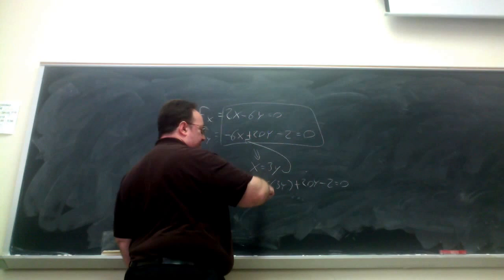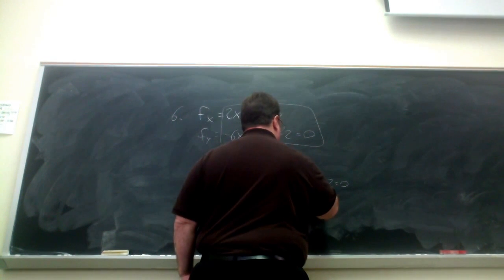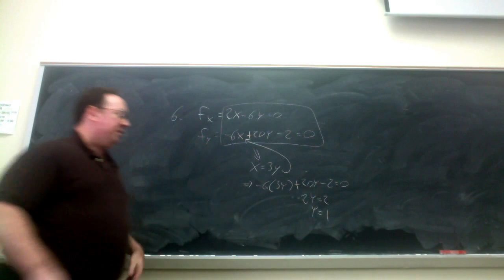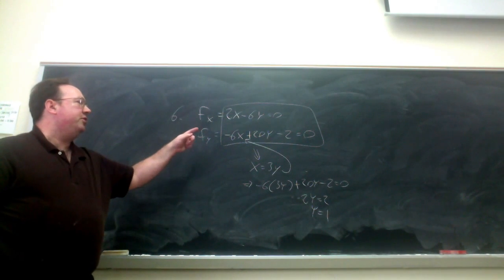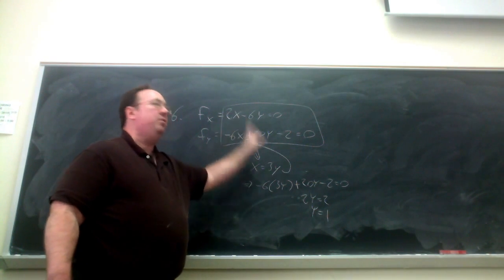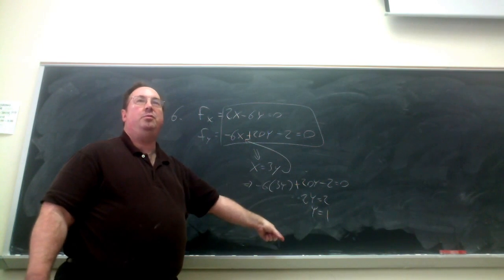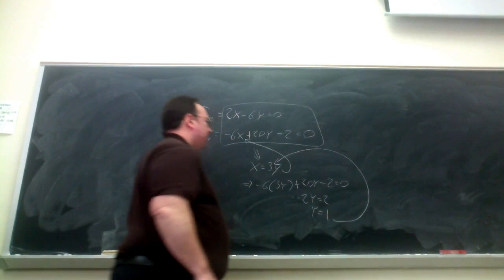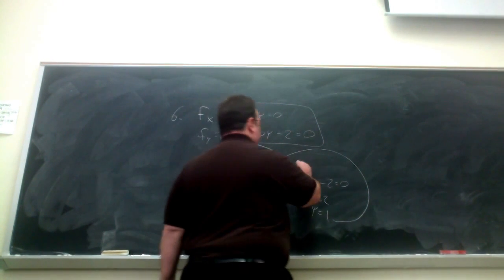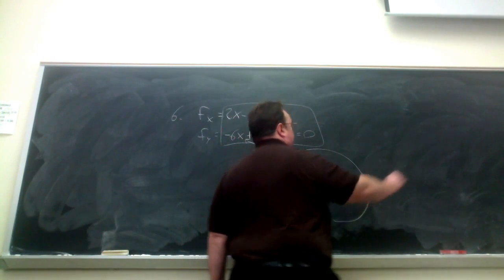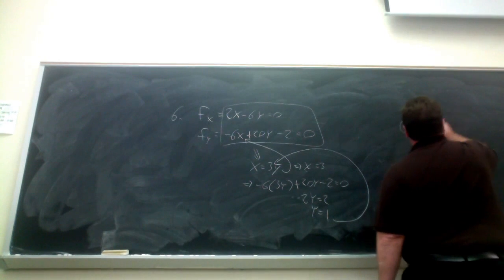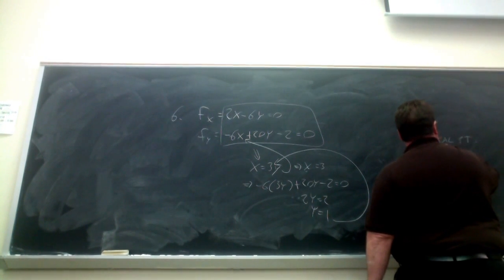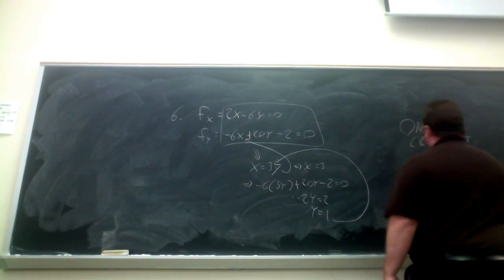Simplifying, you get 2y equal to 2, so y is equal to 1. So from taking both equations into account, the only way to make both of these equal to 0 is for y to be 1. Then you plug that back in here and conclude that x is equal to 3. So the only critical point is x is 3 and y is 1.